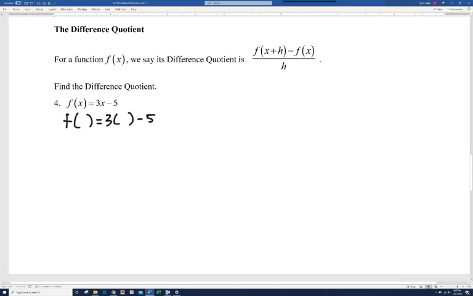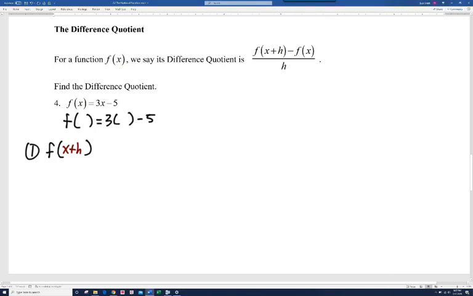So number 1, this function is pretty simple. Whatever your input is, you're going to multiply it by 3 and subtract 5. So basically, whatever my input is, it goes here and here. I'm replacing x with whatever the input is. So keep that in mind as we get started here.